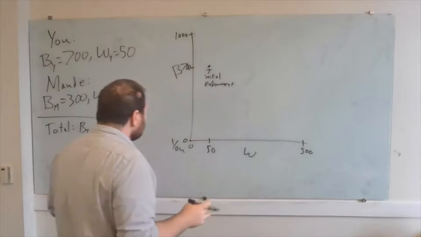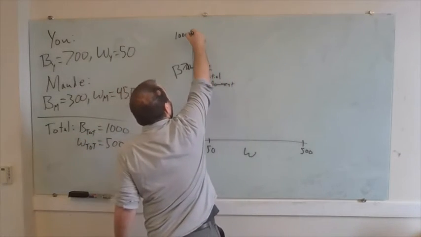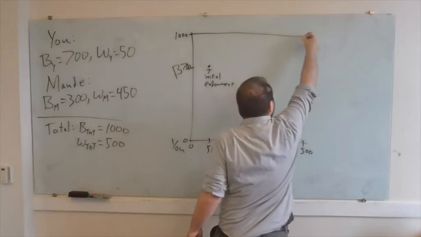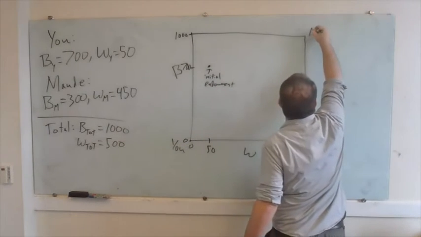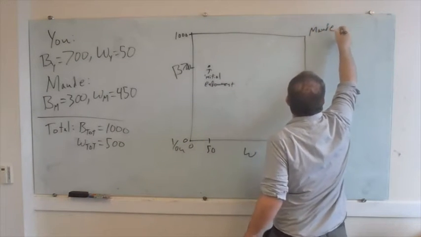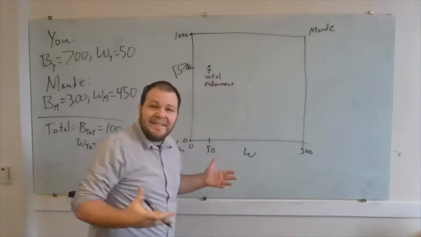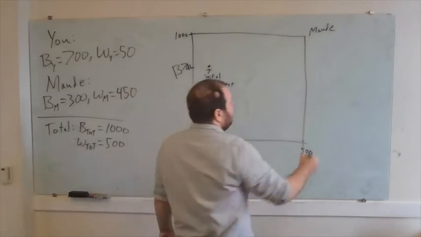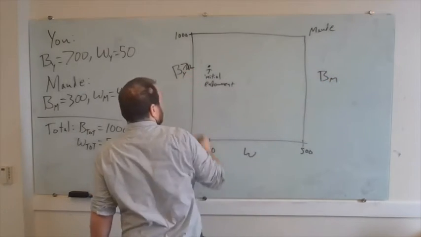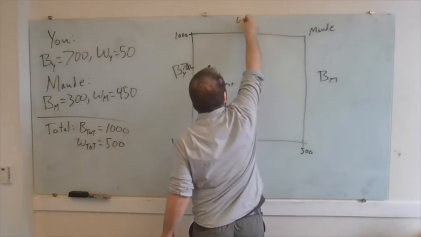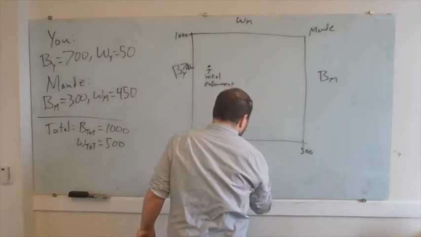So I can show this graphically by drawing a new set of axes for Maud. It's just an upside-down version of the axes that I drew for you. So I can put beefaroni for Maud here. This is your beefaroni. I can put water for Maud here, where this is your water.